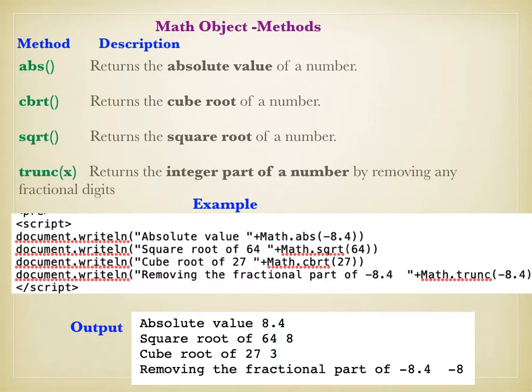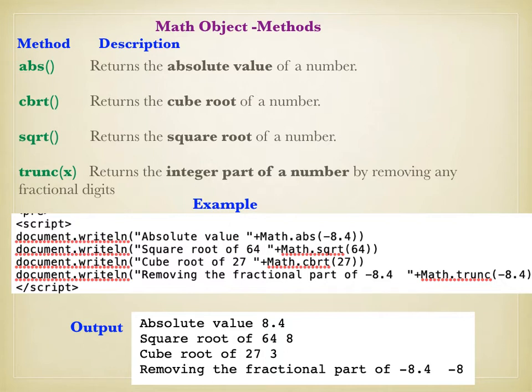Next method is cbrt, which returns the cube root of a number, and you can see in the example for the same also cube root of 27 is given as in the output 3. Next is sqrt, which returns the square root of a number, and you can see the same in the example and its output.